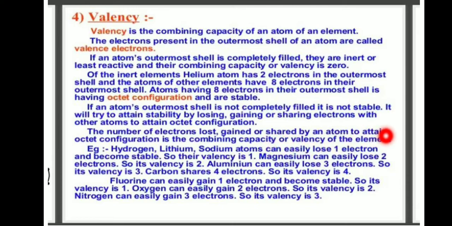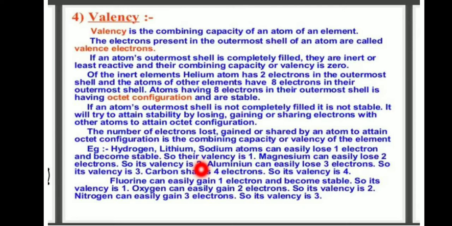or valency of the element. For example, hydrogen, lithium, sodium atoms can easily lose 1 electron and become stable. So the valency is 1. Magnesium can easily lose 2 electrons. So its valency is 2. Aluminum can easily lose 3 electrons. So its valency is 3.